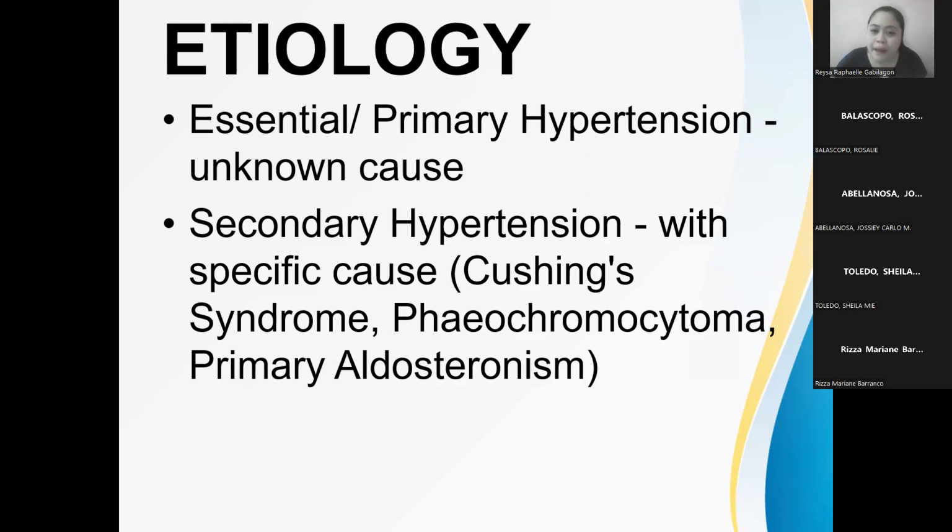Now, kapag dumami itong cortisol, marami siyang effect in the body, series of effects, but one thing is related here kasi yung series of effects niya sa metabolism can increase the blood pressure of a person. Therefore, naging cause ng hypertension itong Cushing syndrome.